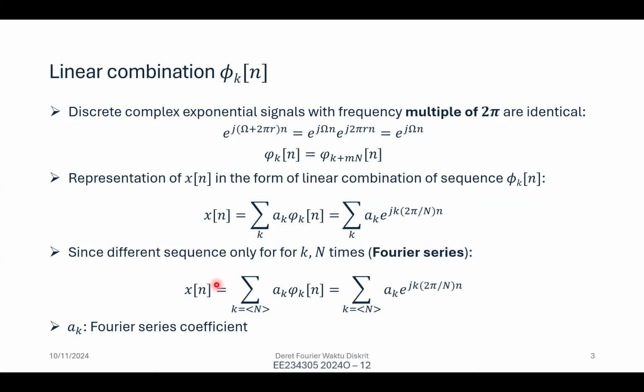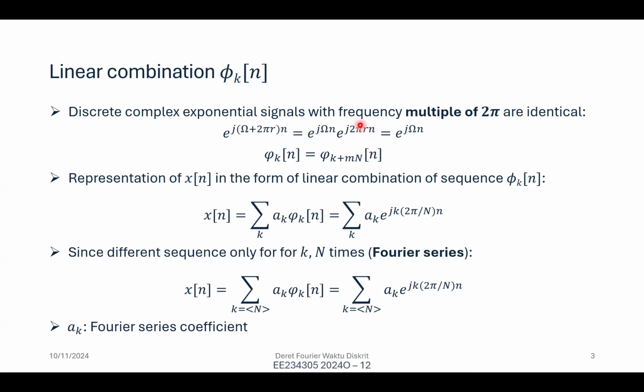Here we are going to talk about the linear combination of psi_k. If I have discrete complex exponential signals with frequencies differing by multiples of 2 pi, they are considered identical signals. So e to the power of j (omega plus 2 pi r) n is e to the power of j omega n times e to the power of j 2 pi r n, which is the same.